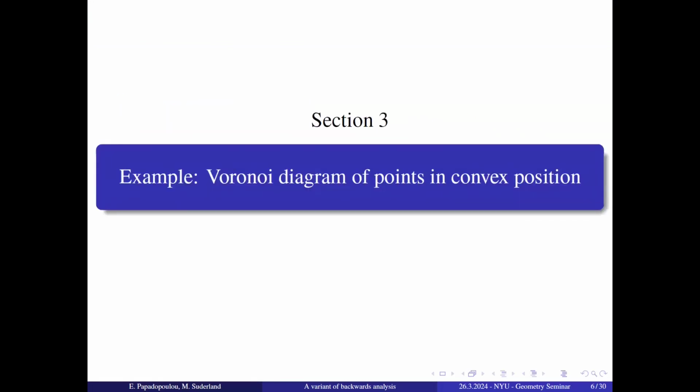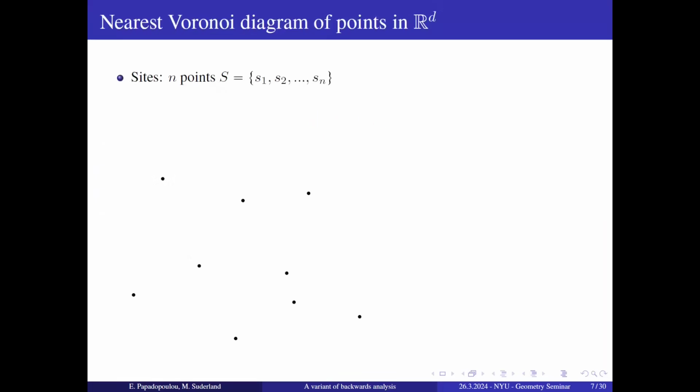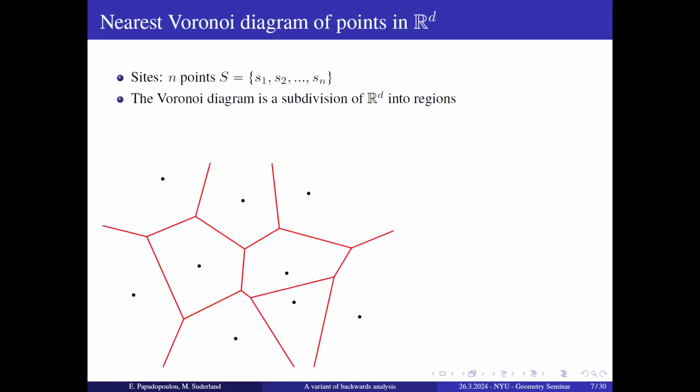Let's have a look at this example that Chew gave in his first paper about backwards analysis, constructing the Voronoi diagram of points in convex position. First, I define the Voronoi diagram of points. We have n points in the plane, which we call sites. The Voronoi diagram is a subdivision of the plane into regions, where the region of a site consists of the set of points that are closer to that site than to any other site.